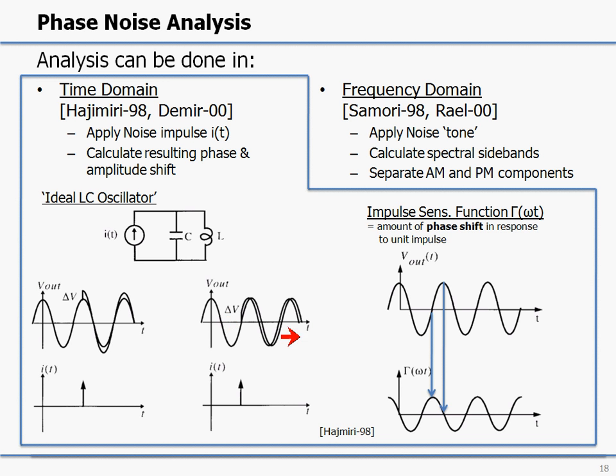And here what can be defined is an impulse sensitivity function, which gives us the amount of phase shift that will occur for a unit impulse of current. And we see that this amount of phase shift will be maximum when we are at the zero crossing and will be minimum when we're at the top of the waveform or at the minimum of the waveform.